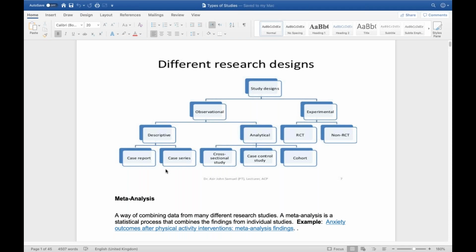You've seen several cases, and you decide to describe these cases and put them in a paper, describing the management and the presentation and everything about these cases. So in these types of studies, you're just describing things, so we call them descriptive studies.